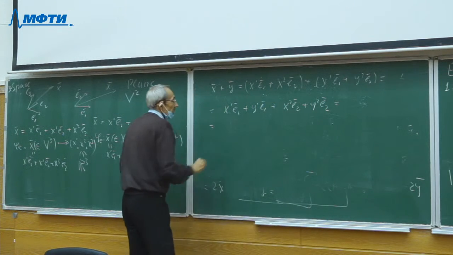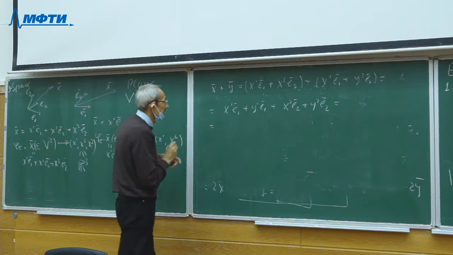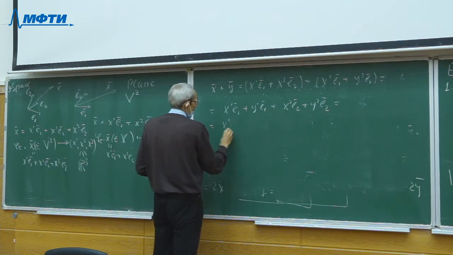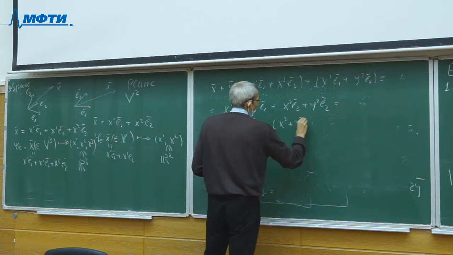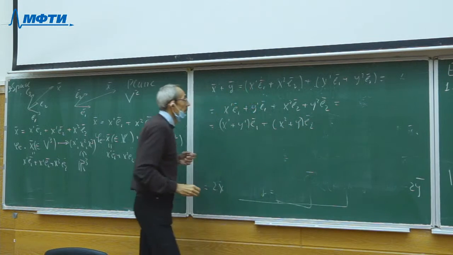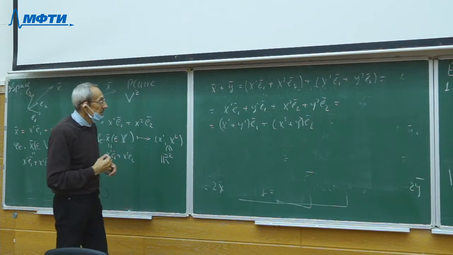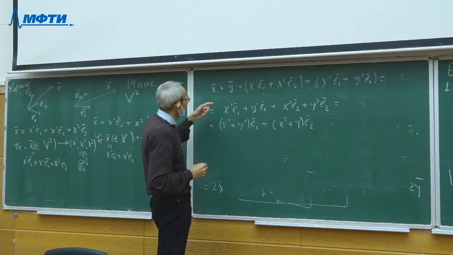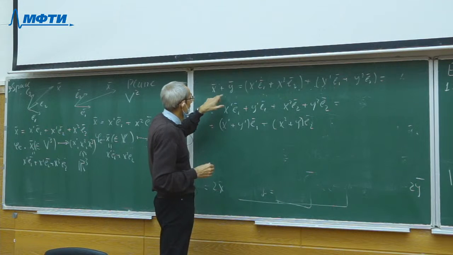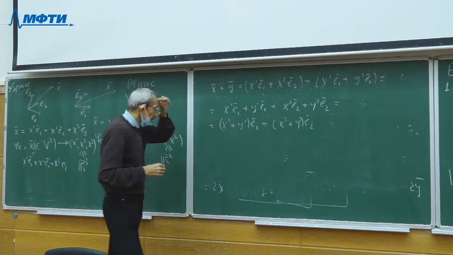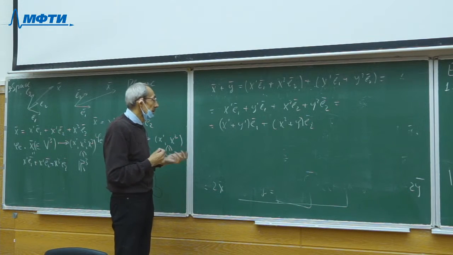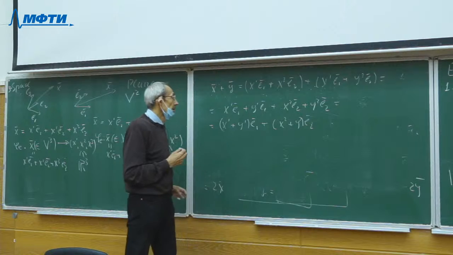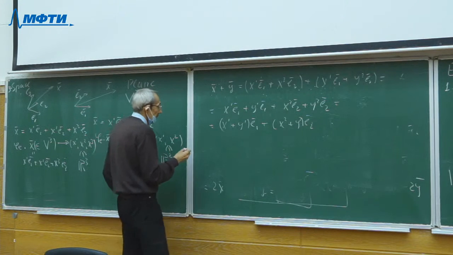After that we can use the distributivity property and we obtain the following expression. Thus we can see that to the sum of vectors in the vector space corresponds the sum of their coordinates.